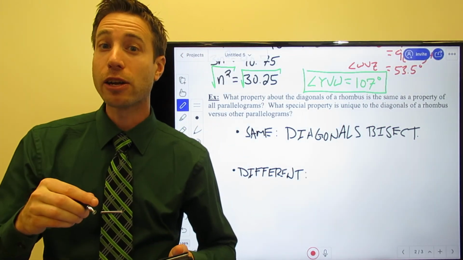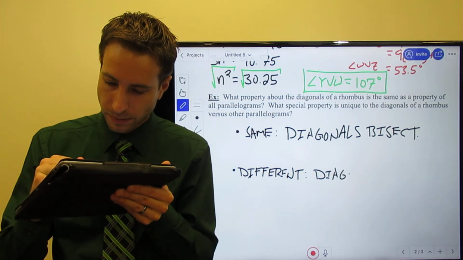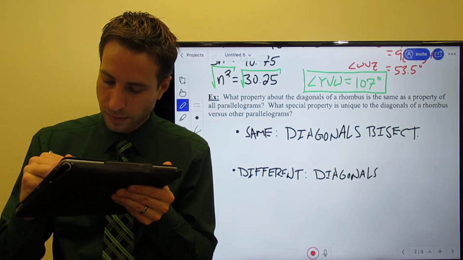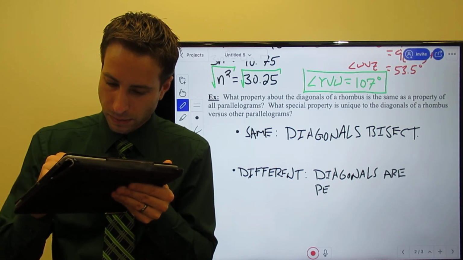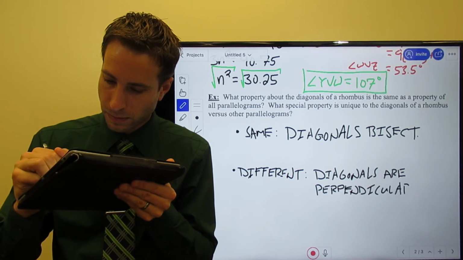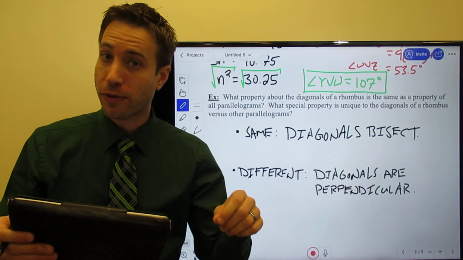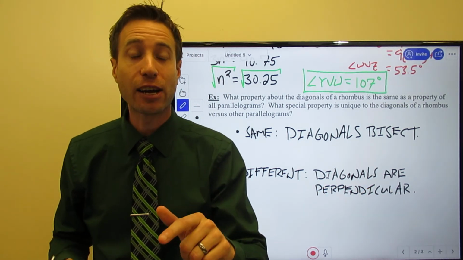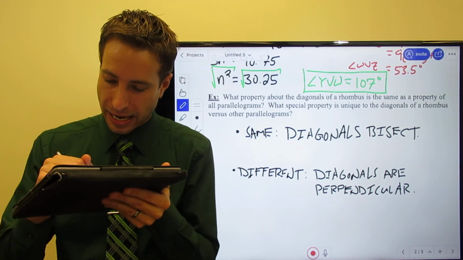First, the diagonals are perpendicular. And next, not only are the diagonals of a rhombus perpendicular, but the diagonals of a rhombus bisect opposite angles.